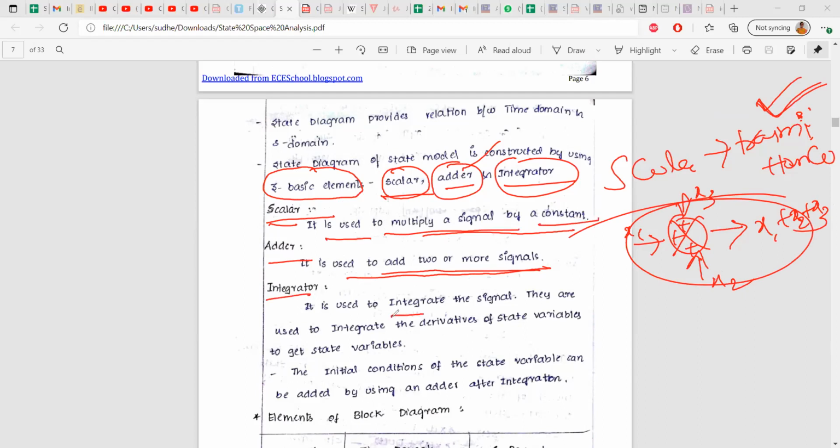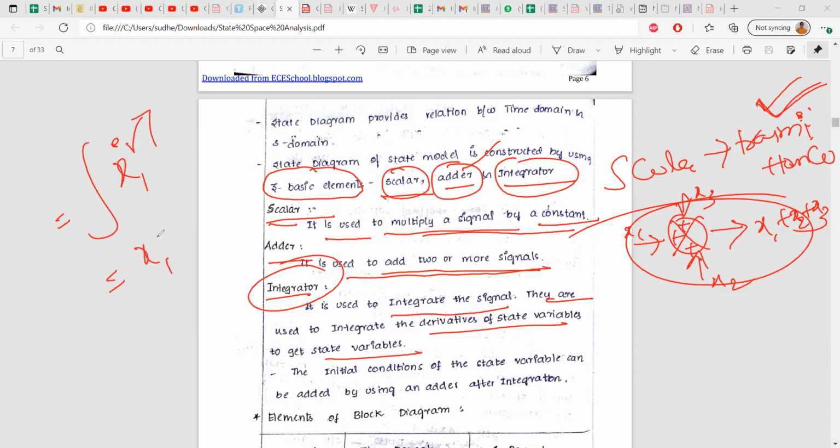Integrator is used to integrate a signal. They are used to integrate the derivatives of the state variables to get the state variables. Why are we using the integrator? Integration of x1 dot, which is the differential state variable, gives us x1.